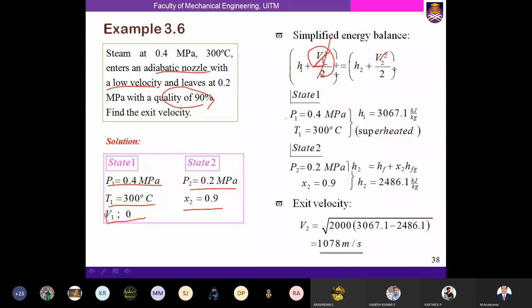If you compare this in your property table, T1, that is temperature, will be greater than the saturation temperature. Take the pressure table. Wait a minute, I will open and show you.